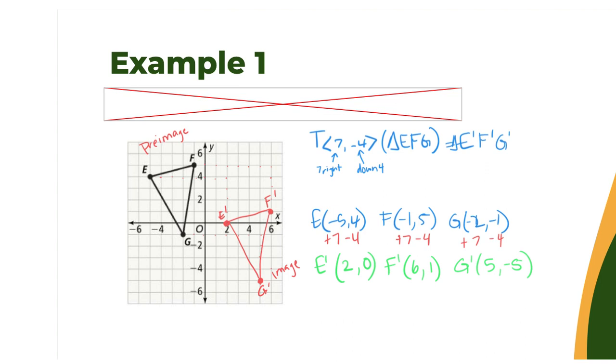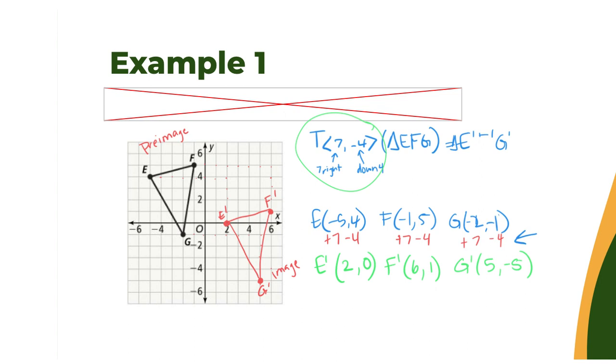You can do whichever method you want. You can count it, but if you don't have a graph, it's good to know that you can just use the rule. That rule is going to help you know which numbers to add to your points.